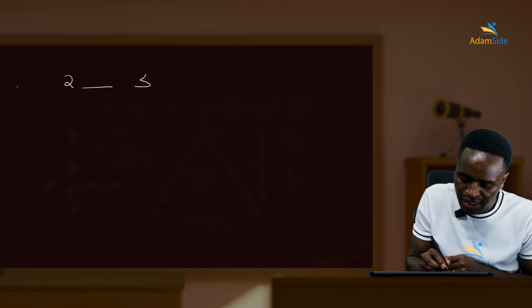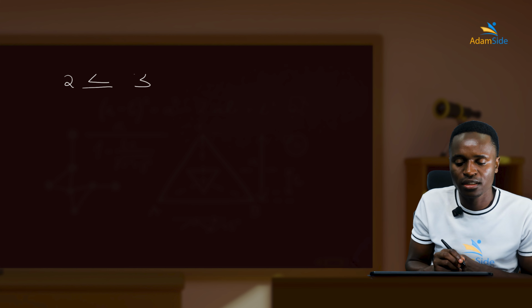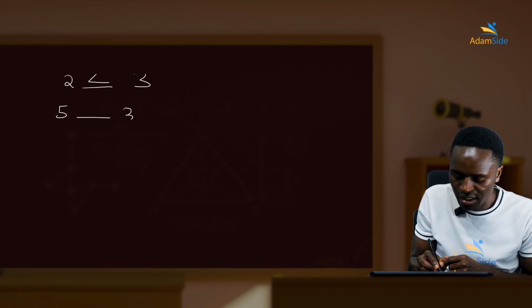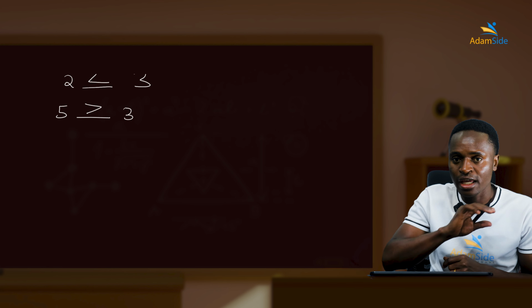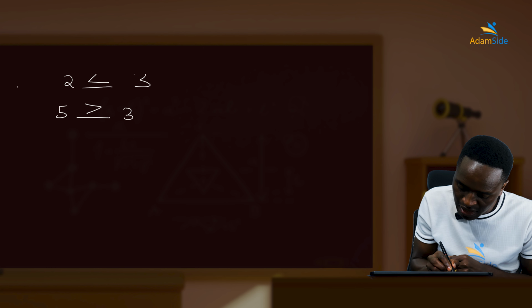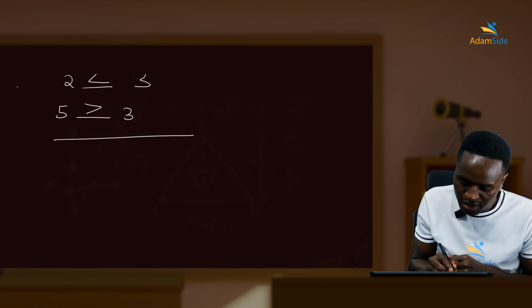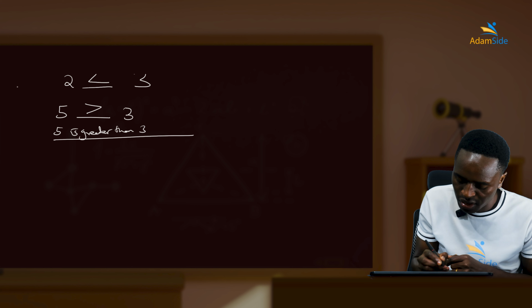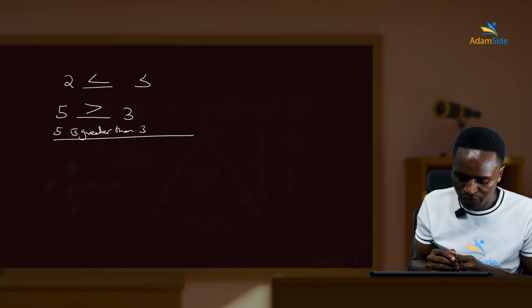You say 2 is less than 3. If I'm talking about 5 and 3, I'll say 5 is greater than 3. I use my right hand. That's what you write there. 5 is greater than 3, or bigger than 3.